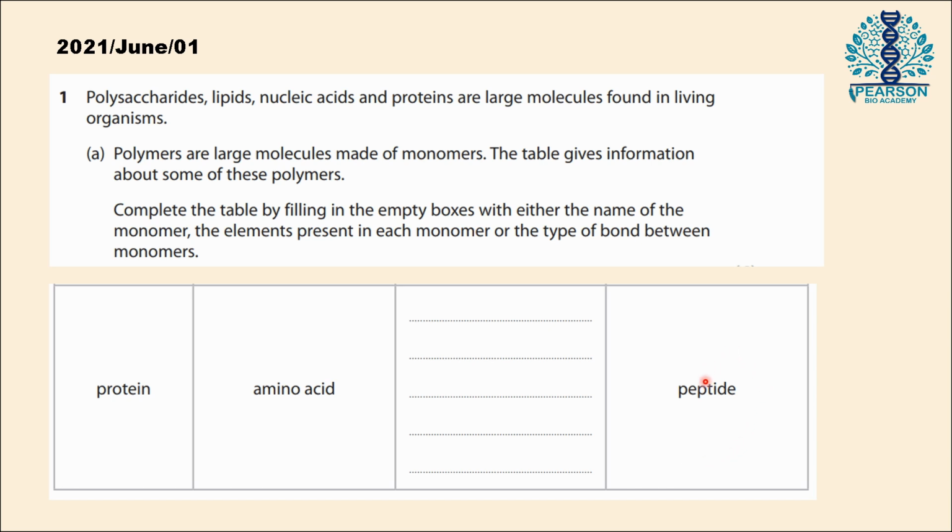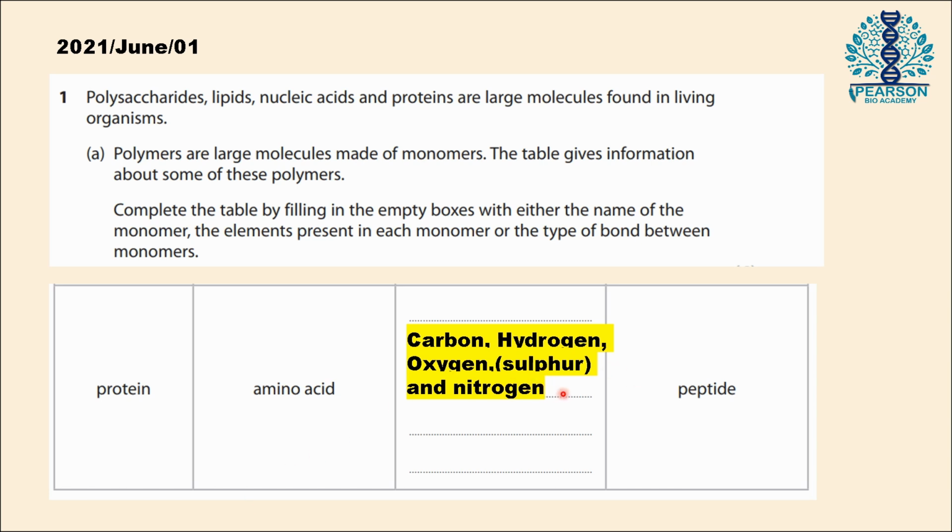For proteins, your task is to complete the table by listing the elements present in an amino acid. These elements are carbon, hydrogen, oxygen, sulfur, and nitrogen. However, you can omit sulfur since it's only present in the amino acid called cysteine.